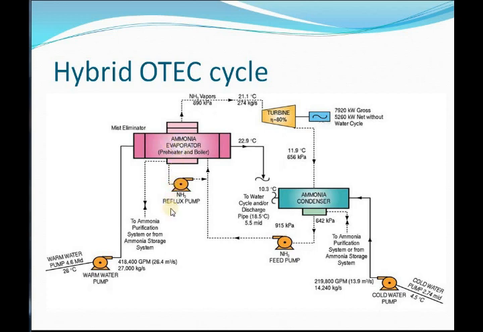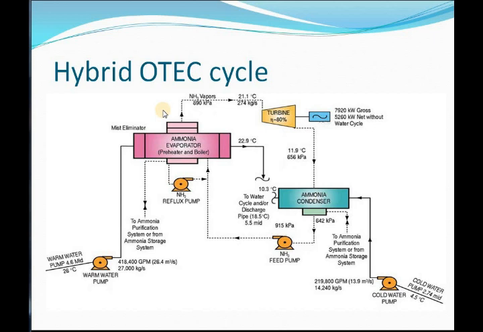wherein hybrid itself signifies that it is the modification of both open and closed cycle. So here, in the hybrid cycle you are utilizing both the features of closed and open cycle systems. Okay, so what is happening in open cycle? We are using only one working fluid, that is water from the surface of the sea, whereas in closed cycle you are using two working fluids, that is you are also using ammonia, furan or propane as the second working fluid, and also the surface water.